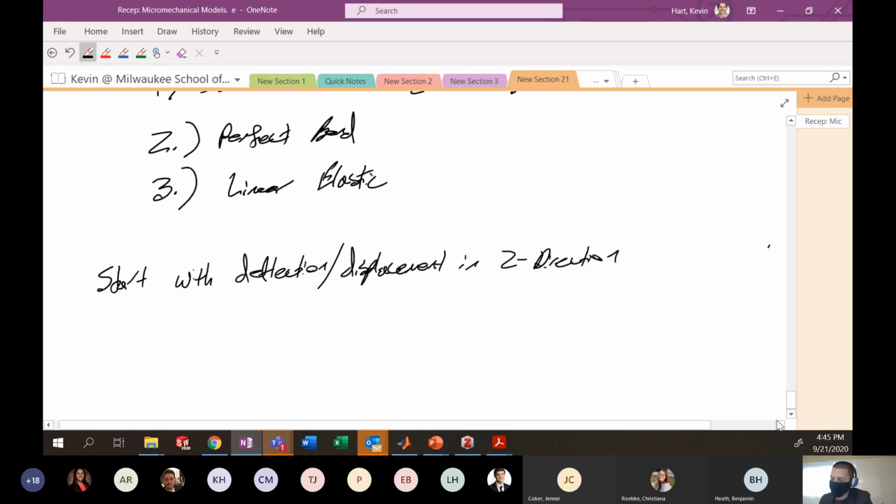That will be a combination of what we get displacement-wise from the matrix and from the fiber. Since we're assuming they each have the same stress and they have different moduli, they're not going to have the same total displacement in our model. So the deflection in the 2 direction is going to be the deflection of the fiber in the 2 direction plus the deflection of the matrix in the 2 direction. Each one of those is a lowercase delta, meant to stand in for deflection. Some people like uppercase delta, but I like lowercase.